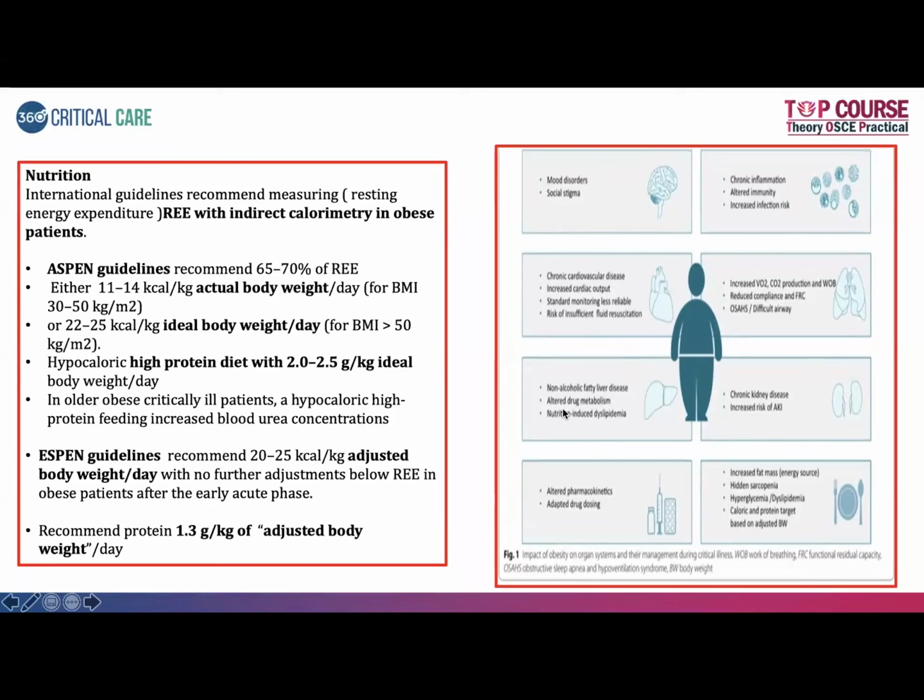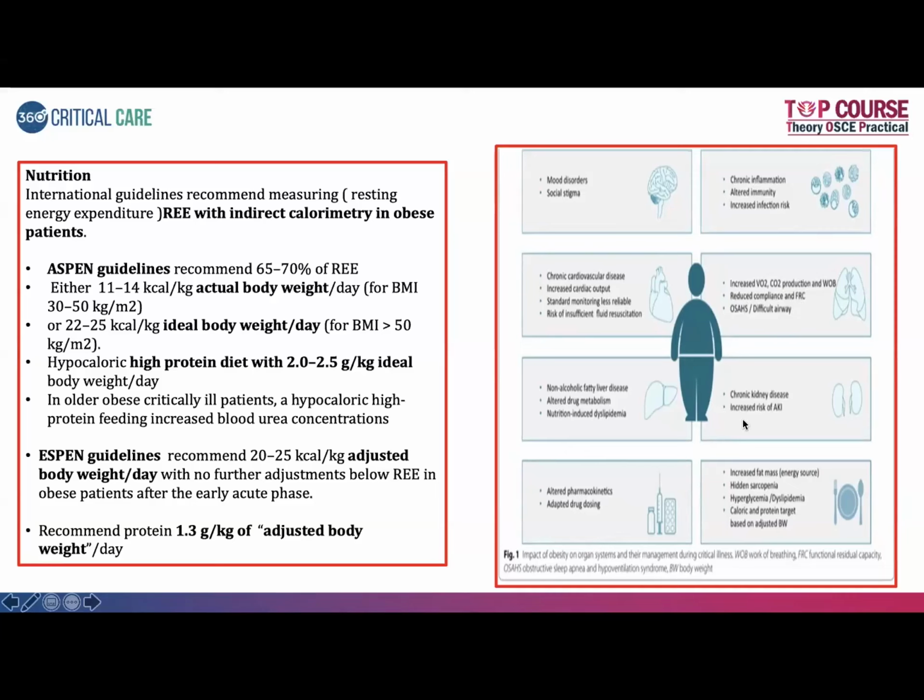Liver-related: non-alcoholic fatty liver, drug metabolism can be impaired. Nutrition-induced dyslipidemia, altered metabolism and pharmacokinetics of the drug dosing. There's a chronic inflammation, altered immunity, and increased risk of inflammation, but the outcome will be good. Obesity paradox again. Respiratory wise, decreased compliance, FRC, increased oxygen consumption, increased CO2 production, and increased work of breathing.